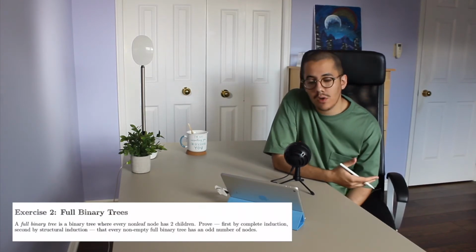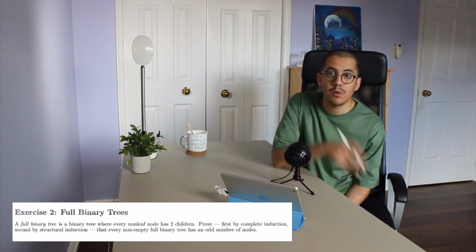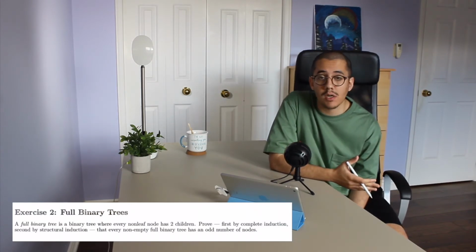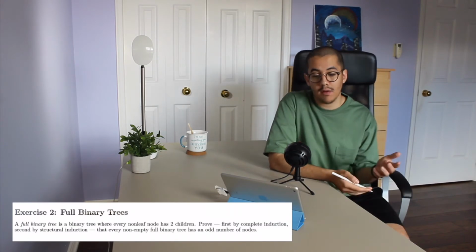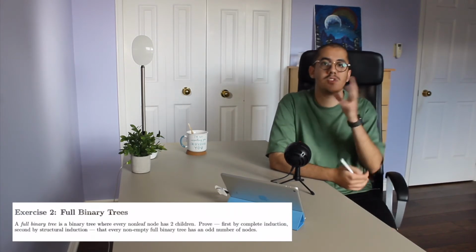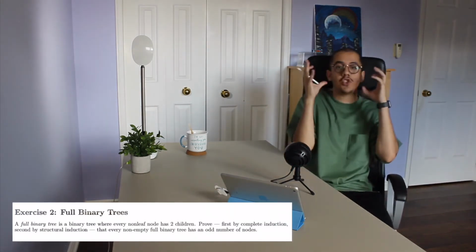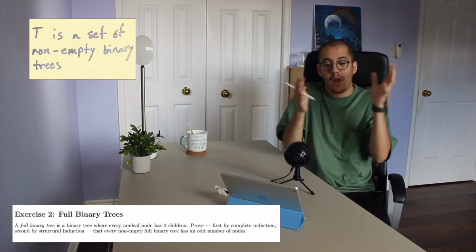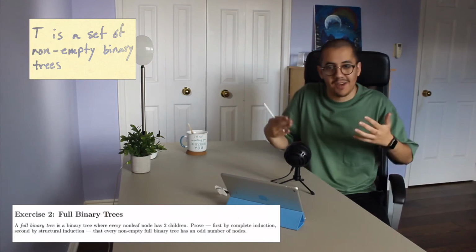Now, the question also asked for structural induction. I'm going to go through it quickly. It's very similar. When it comes to structural induction, we know that we have the recursive definition for T, being the set of full binary trees, and it's defined as the set of non-empty binary trees, just like what I just said.